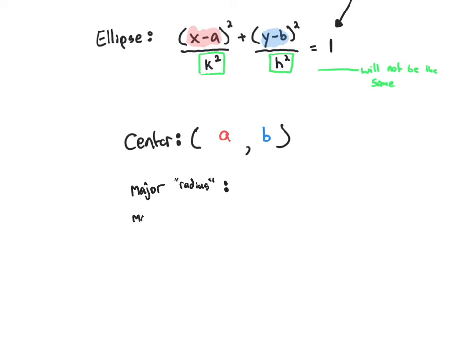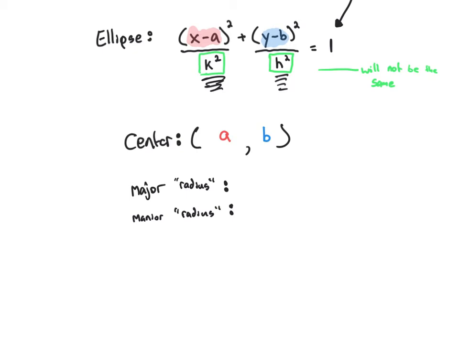The major radius and the minor radius. Well, how are we going to know which is which? Well, these numbers right here, the K and the H, will depend on which one is bigger. The bigger of the two tells you which direction to stretch and how far to stretch it, right?